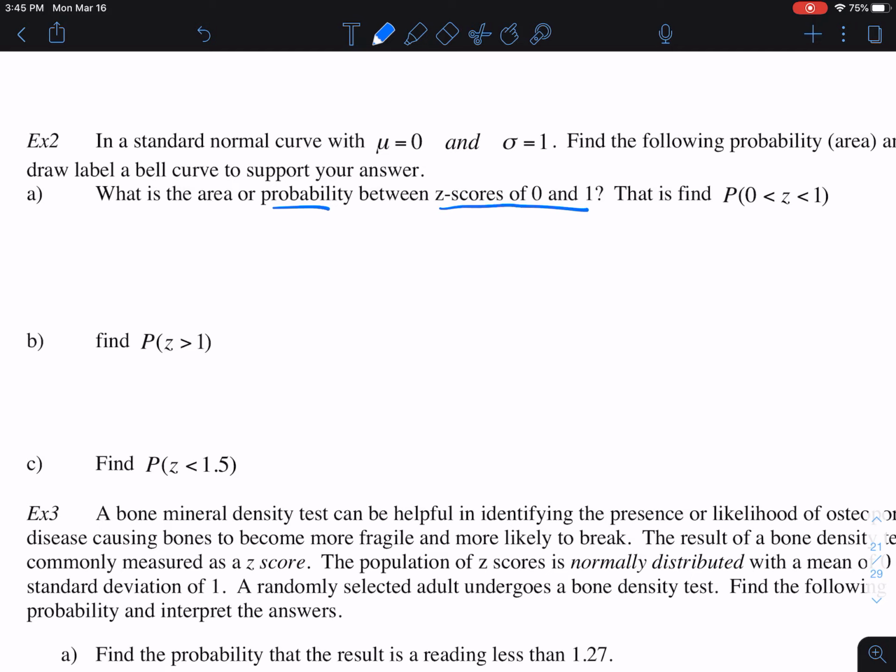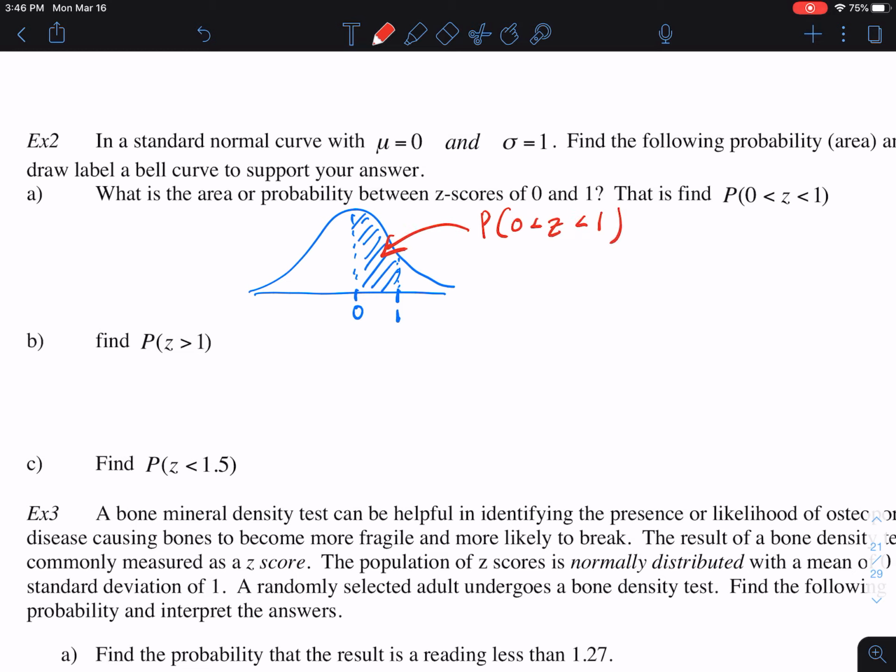So let's draw a standard normal curve, and we are asked to find the probability, the area between 0 and 1. So find the probability of the z-score between 0 and 1.